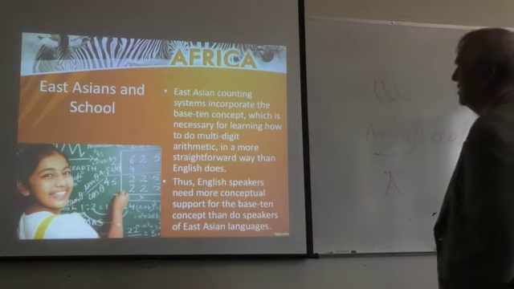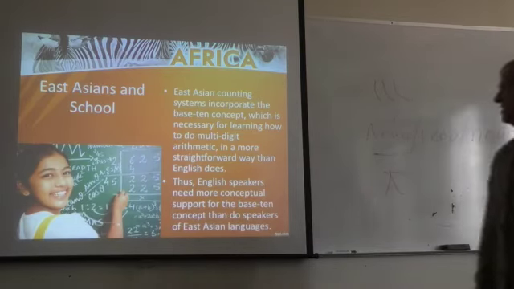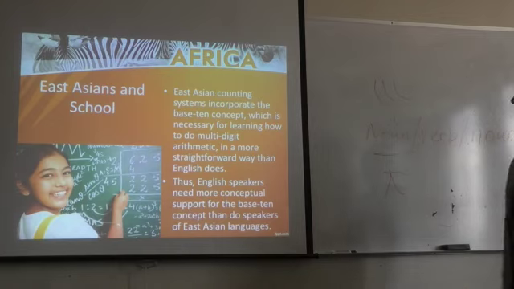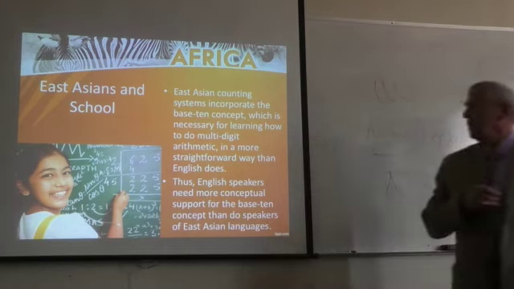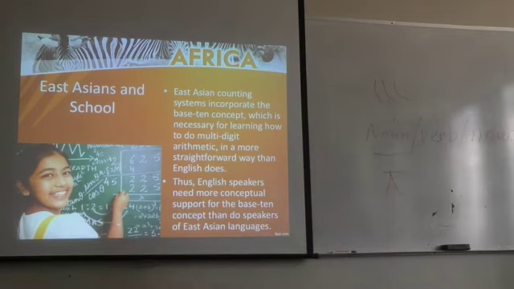East Asians' counting systems incorporate the base 10 concept, which is necessary for learning how to do multi-digit arithmetic, in a more straightforward way than English does. My son is taking cryptography. We need to be able to understand how the Russians are putting things together, how the Chinese are putting things together. One of the interesting things is that when they're studying cryptography, they have to study in base 10.